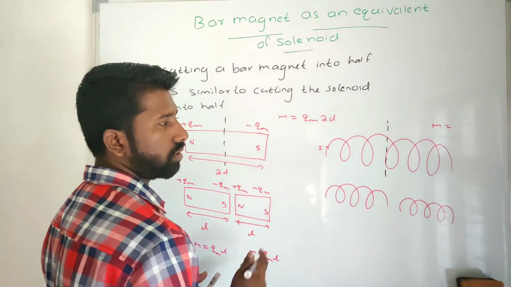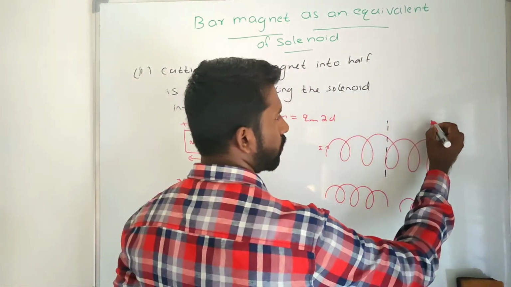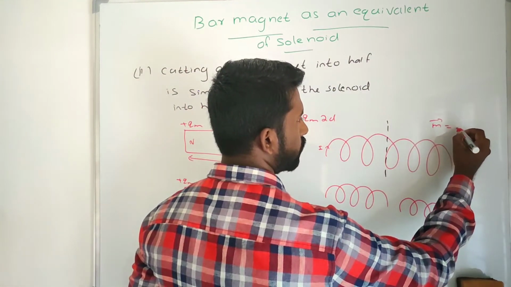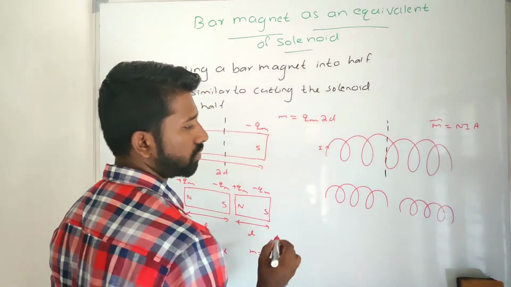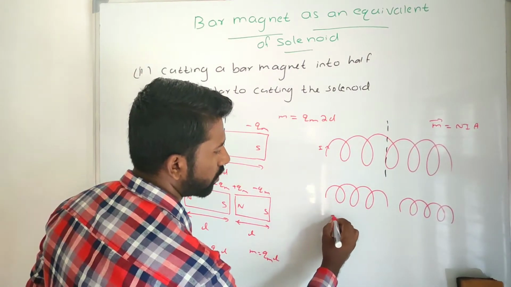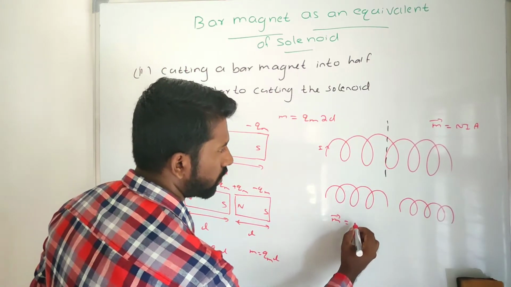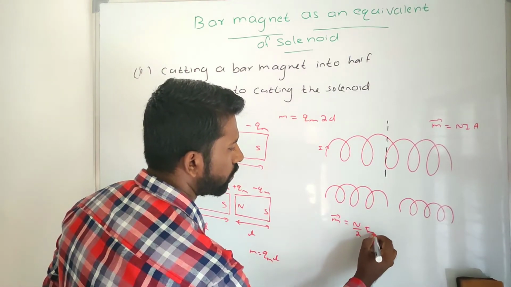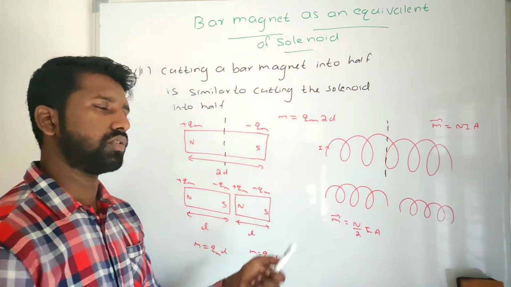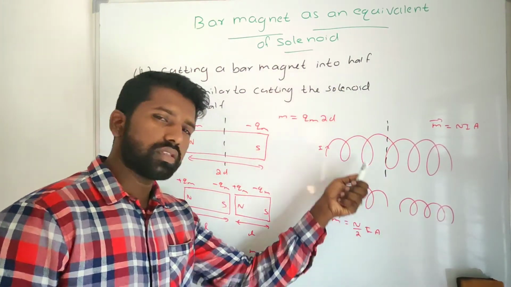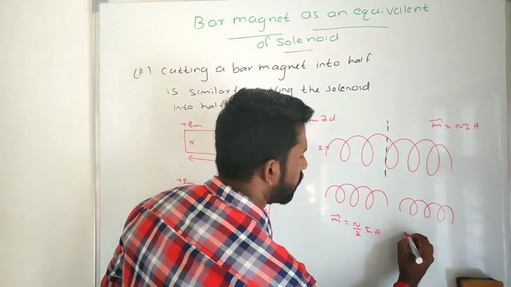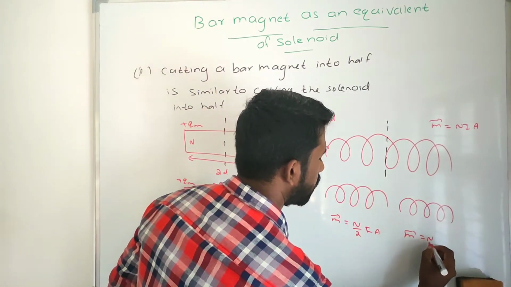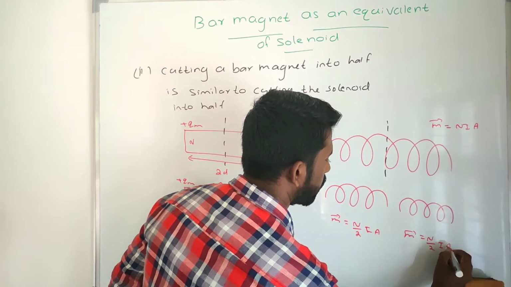What about the magnetic moment of this bigger solenoid? That is M is equal to NIA, where N is the total number of turns. Now you see the magnetic moment of this one is N by 2 into IA. Why is it N by 2? Because when it is cut, the number of turns is reduced by half. So here also M is equal to N by 2 into IA.